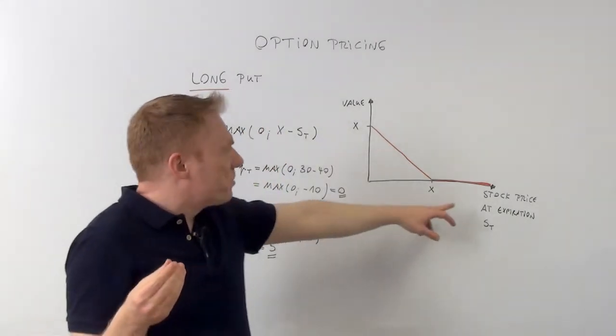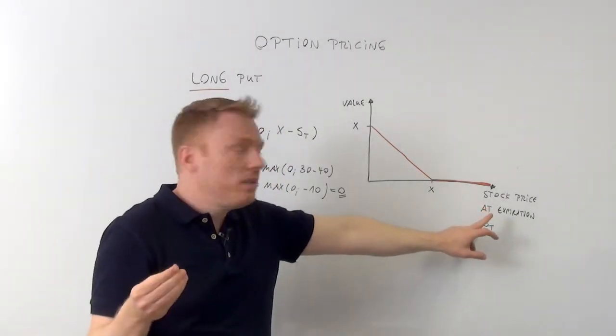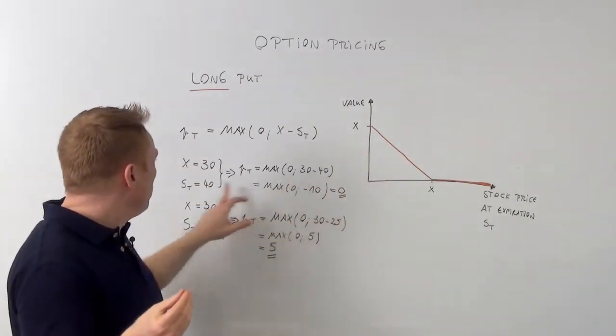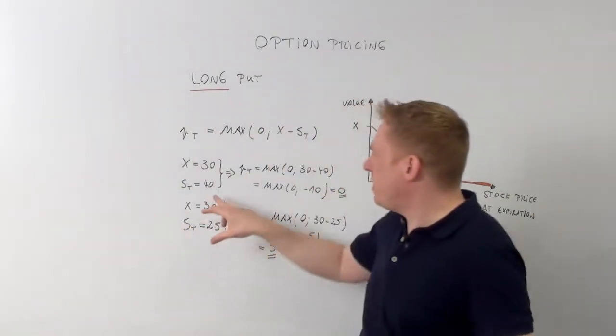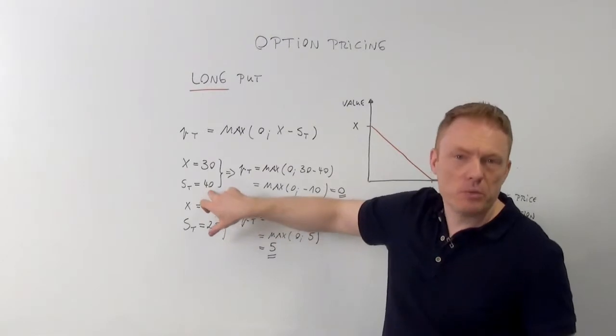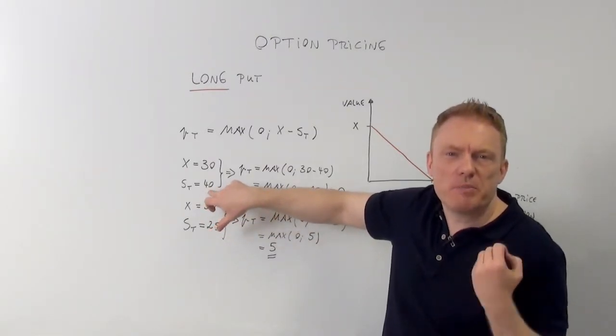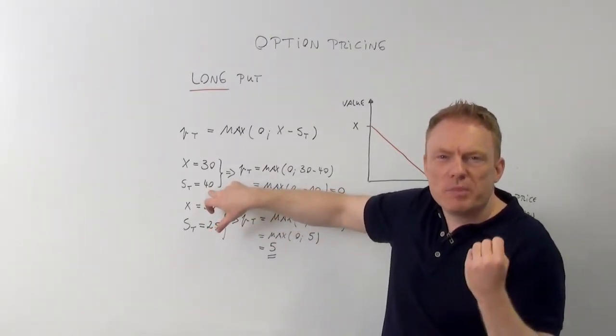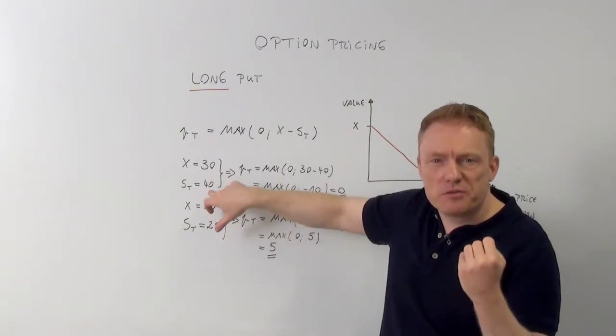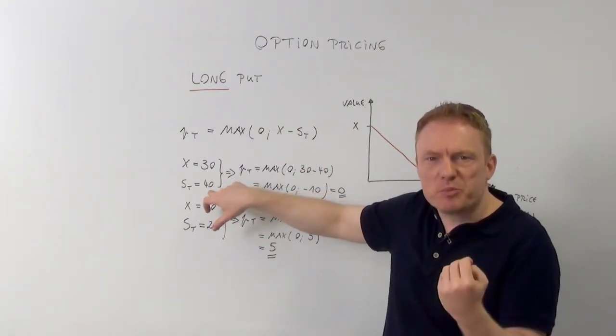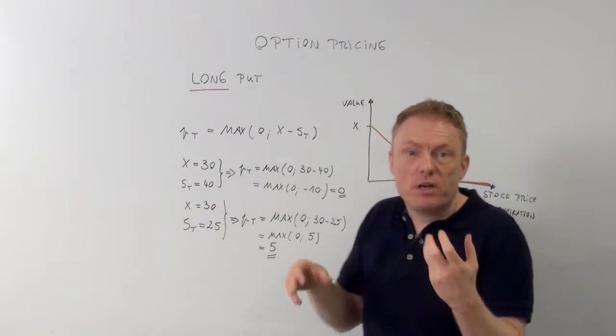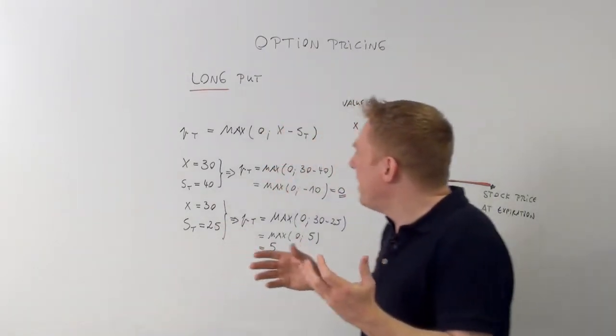In the first case, the stock price at expiration is equal to 40, so it's strictly superior to the exercise price of 30. What will happen in this case?